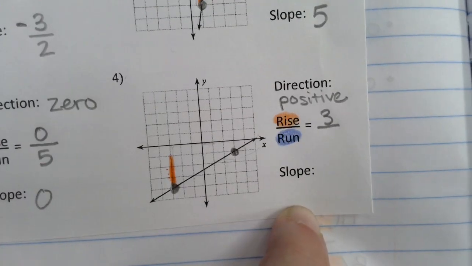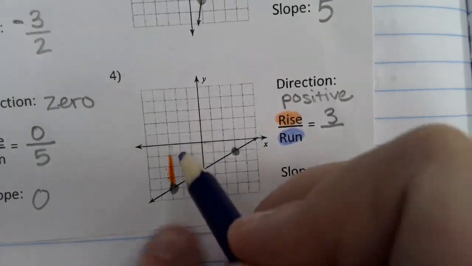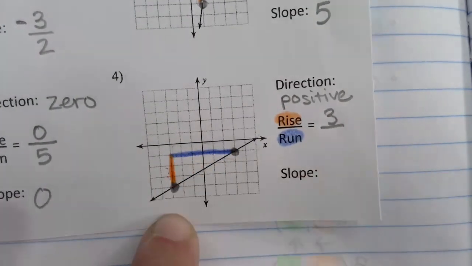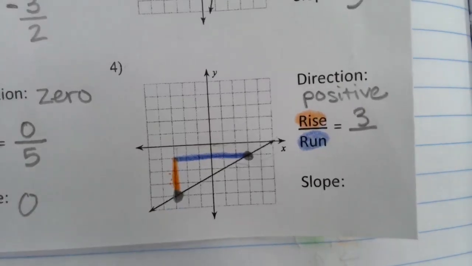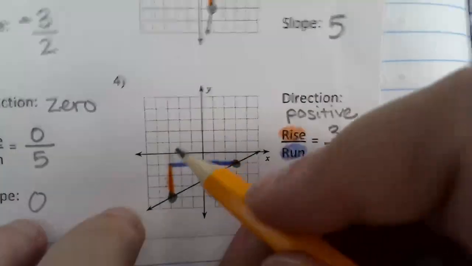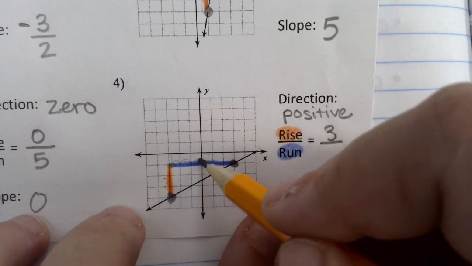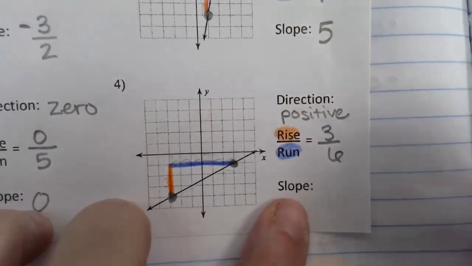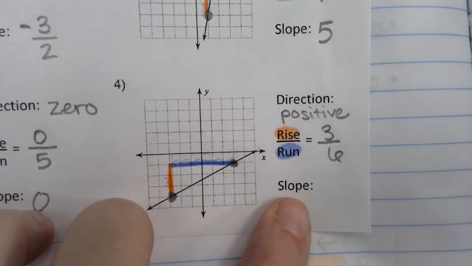So we could have used that one also. We could have, and we're going to talk about why. And what's my run? How far across am I running from that point? At this point, I'm following those grid lines. You have to go 3. I go 1, 2, 3, 4, 5, 6.